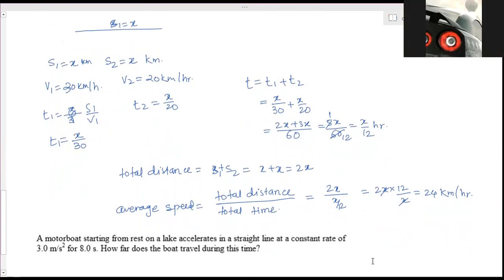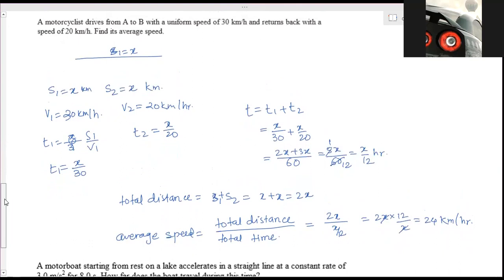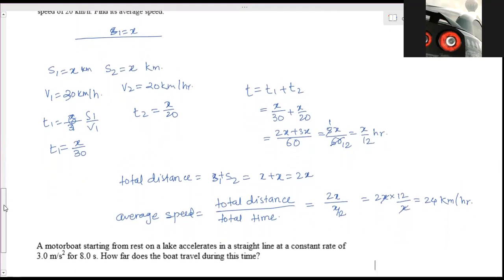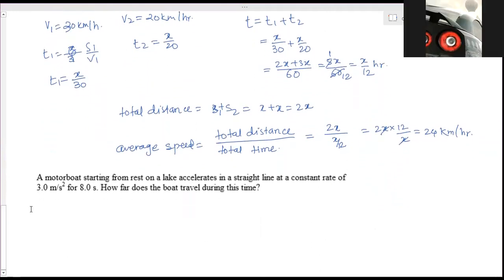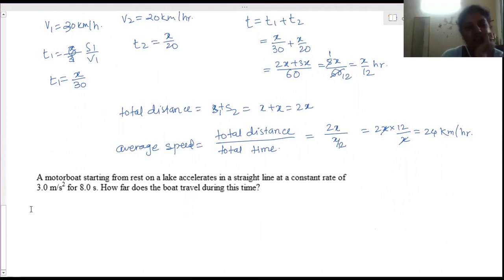Ma'am, when can we use the, oh wait, I forgot. U plus V by 2. Yes, ma'am. Correct. One speed is moving in time t, suppose 5 seconds. Initially, the object is moving with 10 meter per second.